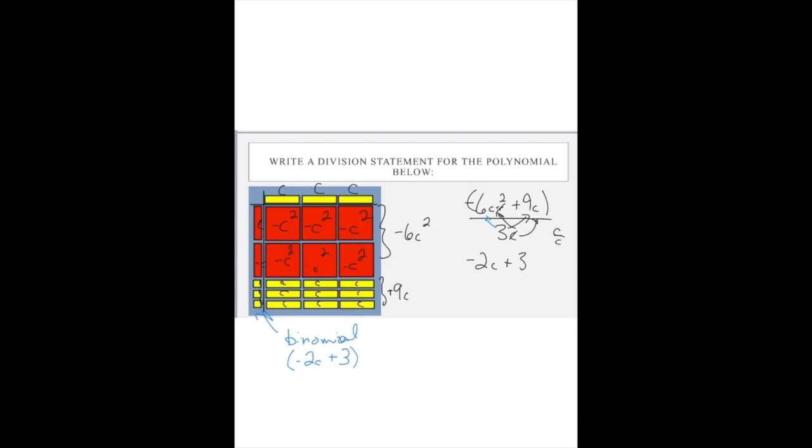We know that if we divide any number by itself, we end up with 1. So the c's cancel, and we're left with 3, because it's the same as times 1, but we don't show that. So our answer will be negative 2c plus 3.